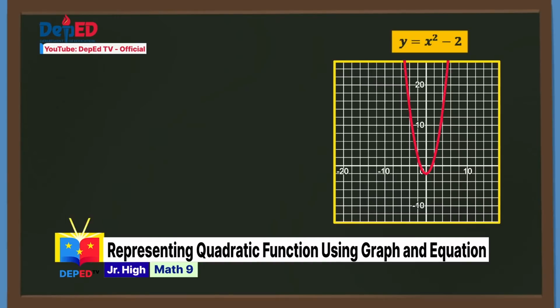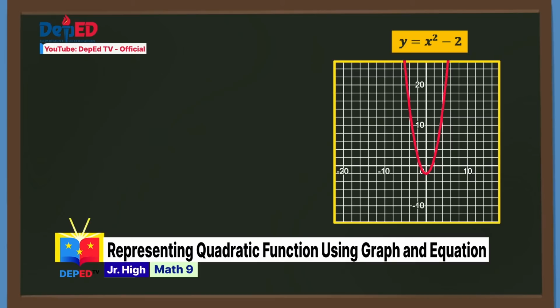This is a U-shaped curve called a parabola. Being the graph of a quadratic function, a parabola opens upward or downward. Recall that a quadratic function is of the form y is equal to ax squared plus bx plus c, where a, b, and c are real numbers and a is not equal to 0.